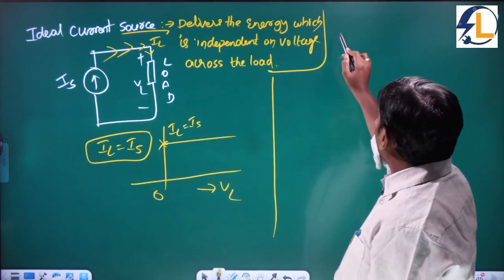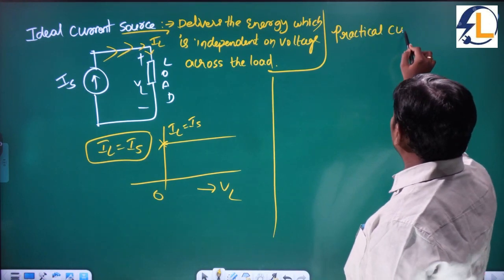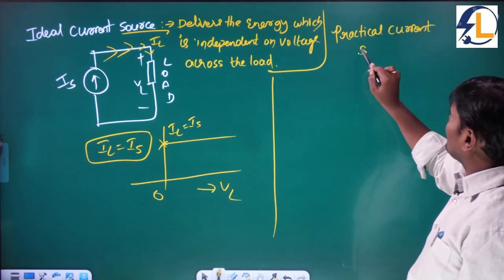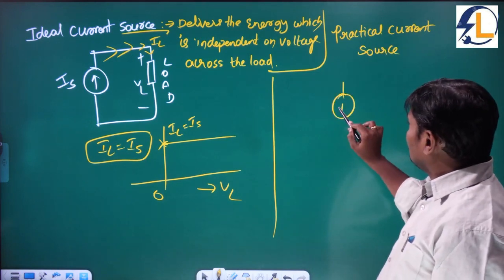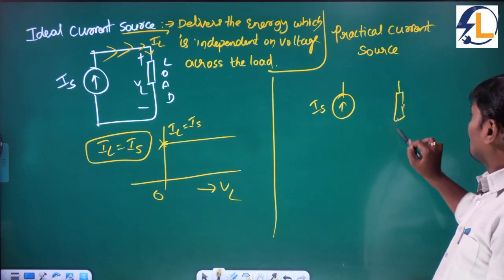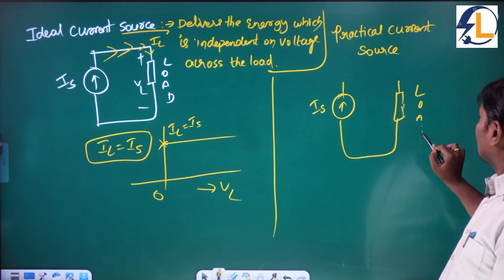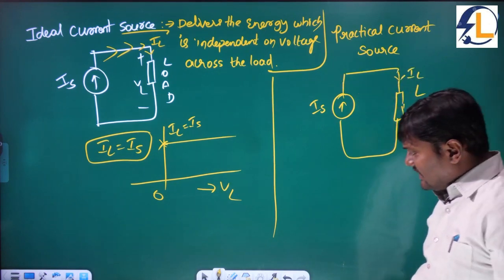See, as I am going for the practical current source now, this is the IS. I am connecting the load here. The current which is flowing through the load is IL, but you have to decrease the current.